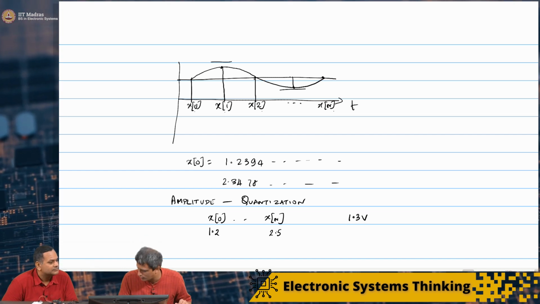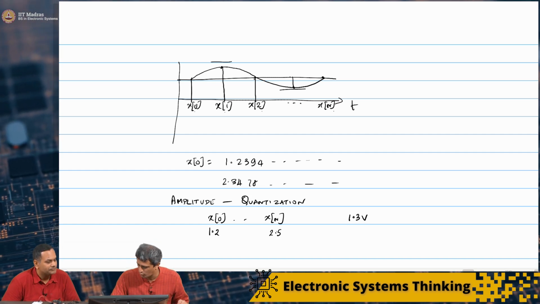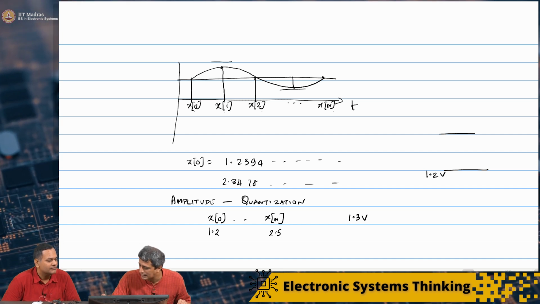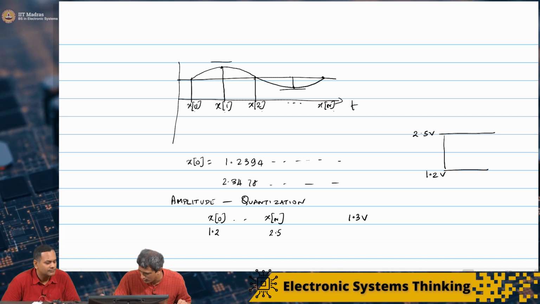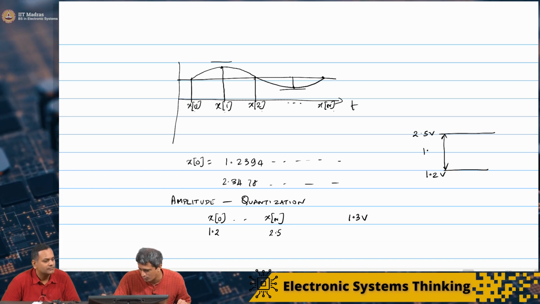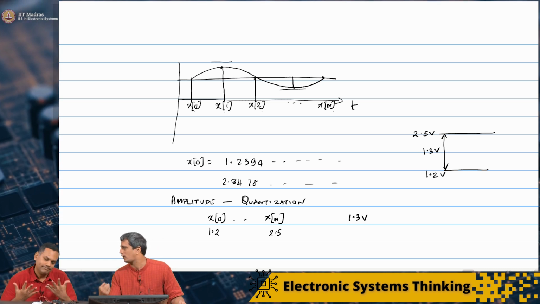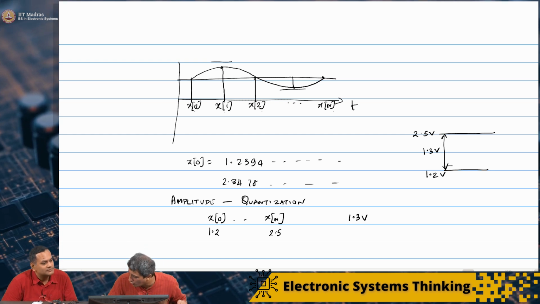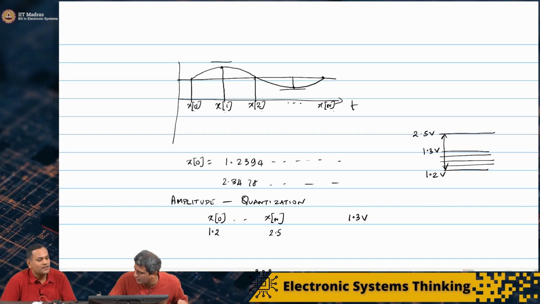This is 1.2 volts and this is 2.5 volts. This gap is 1.3 volts. It could take any real number between this. Now what we are saying is we are not going to do that. We are going to quantize this into some fixed number of values.